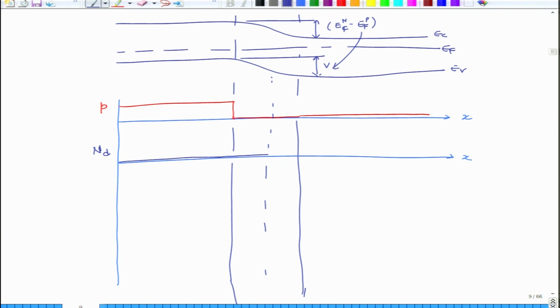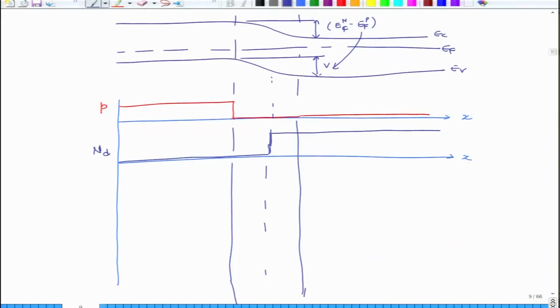It is small up to this region, but then again it goes, because ND is the donor ion density; they do not recombine, they do not move, it is the free carriers which are moving. The donor and acceptor atoms have not moved, they are atoms, it is the carrier which is moving.